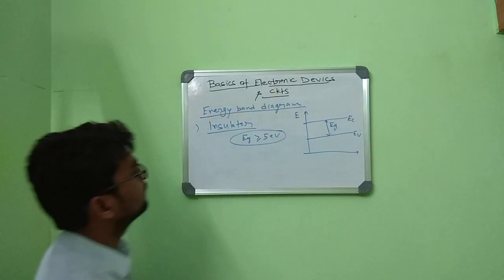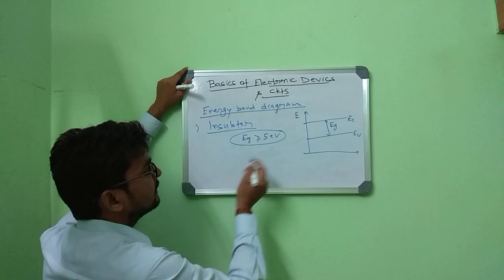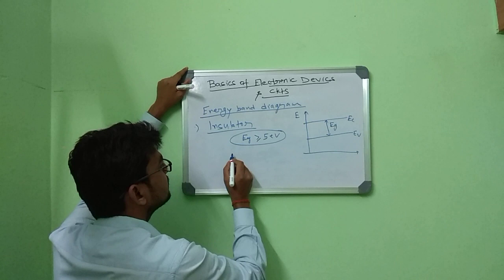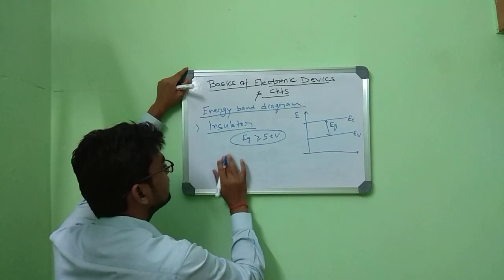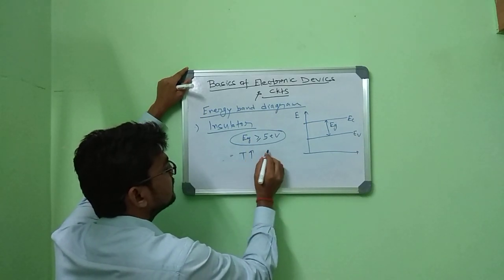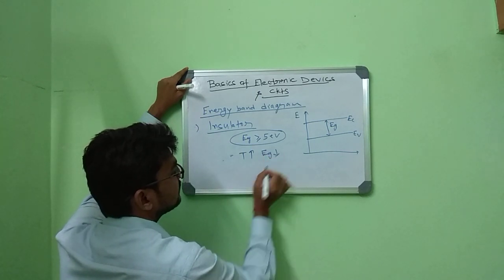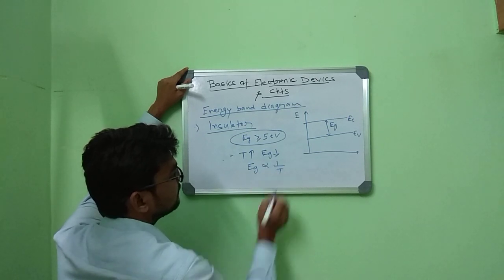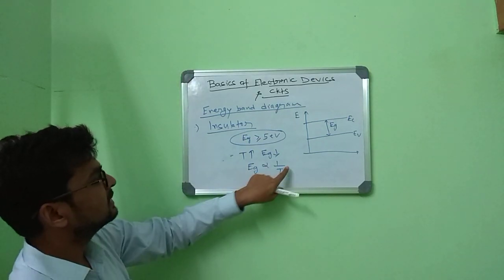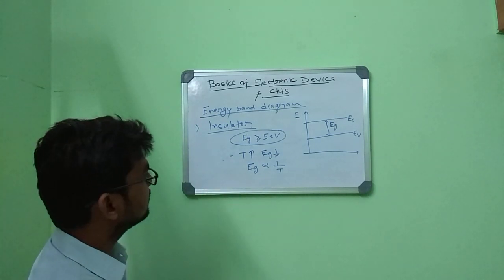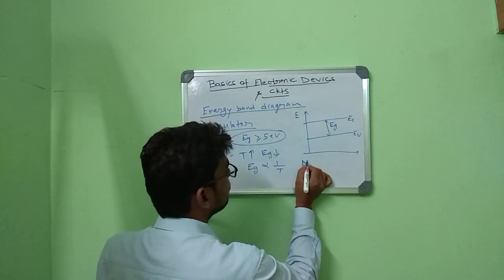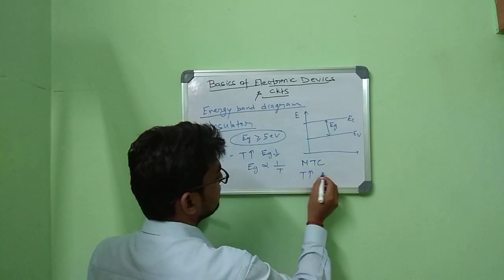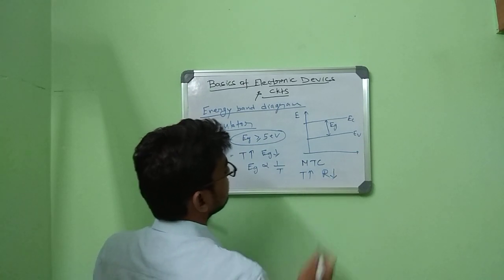For an insulator, if you increase the temperature slightly, EG slightly decreases. EG is inversely proportional to temperature; this increases means this decreases. This is also called a negative temperature coefficient, so temperature increases means resistance decreases.